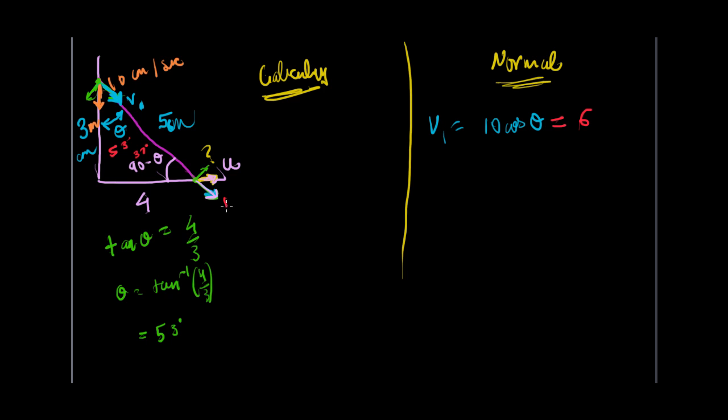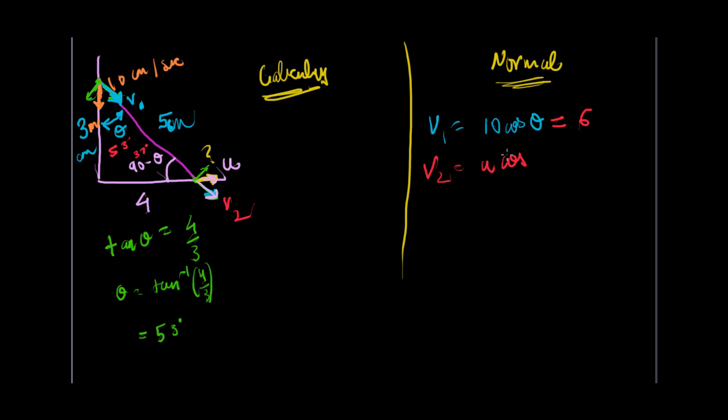And if I call this v2, then v2 is u cos of this angle right here, which I told you is 90 minus theta, which we just figured out is 37 degrees, right?